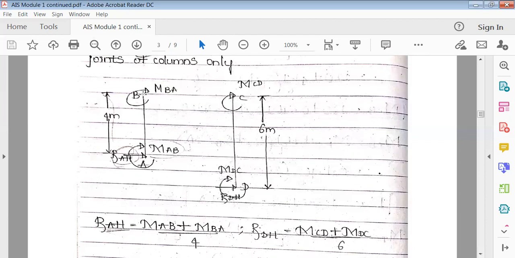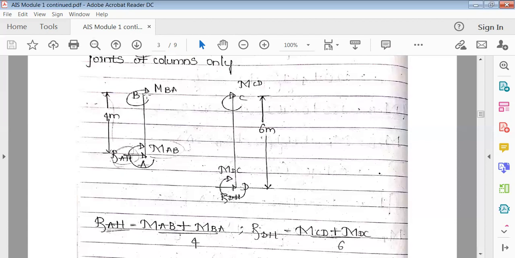It is MAB plus MBA, both clockwise. And RH, if it causes a moment, it is going in anti-clockwise direction, so RH into 4. Clockwise moment is equal to anti-clockwise moment.